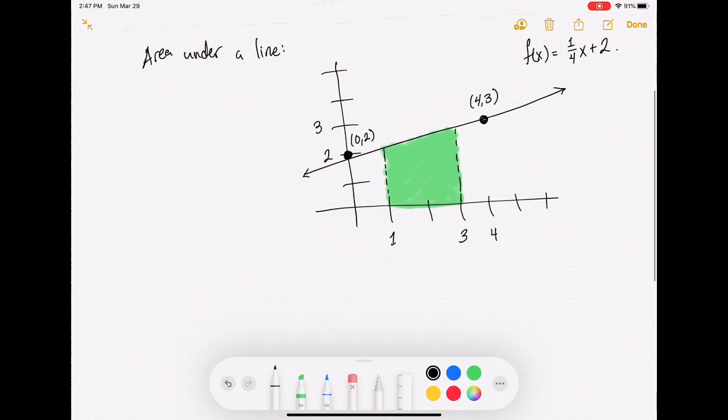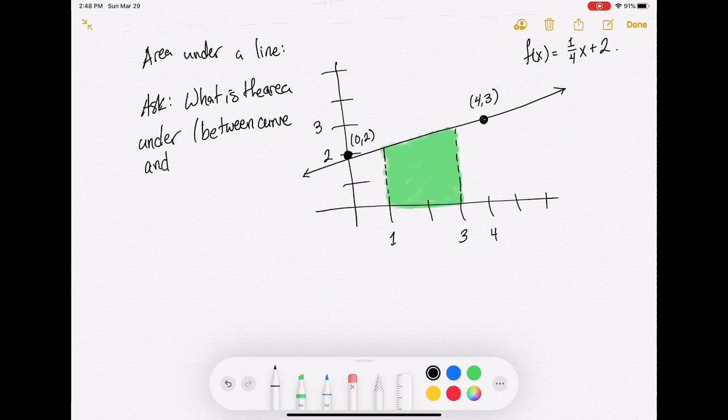So in some sense, we would ask ourselves the question, what is the area under, and by that I mean between the curve and the x-axis, under f of x from x equals 1 to x equals 3. This is really, in some sense, the sorts of problems we want to be able to solve.